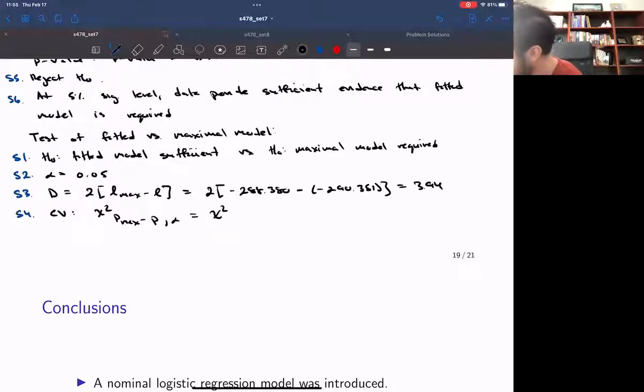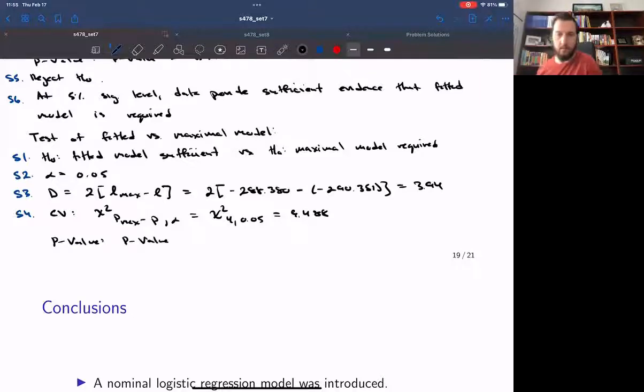So this is going to be a chi-square on 4, 0.05, which is 9.488. And then the p-value is 0.414.